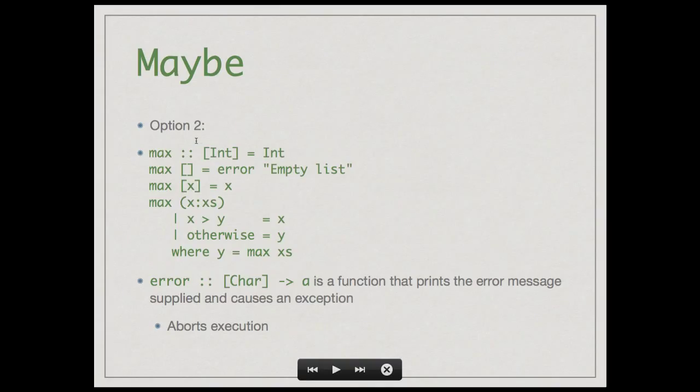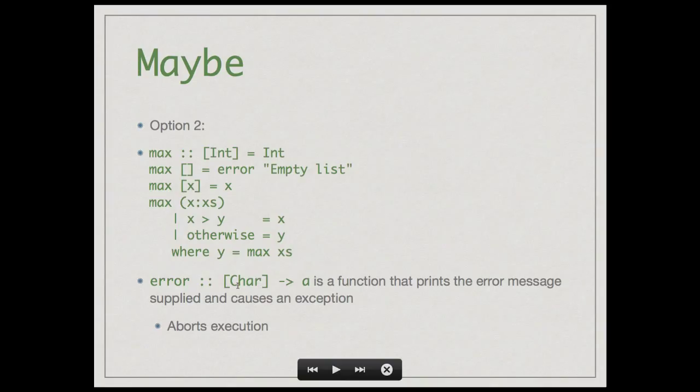Another option, which is slightly more robust, is to define max of empty list to be error "empty list". Error is a function of type string to a, any type a whatsoever. It takes an error message as a parameter and just causes an exception.